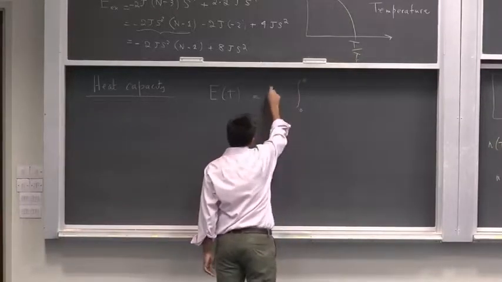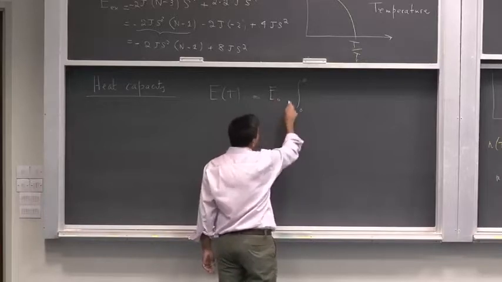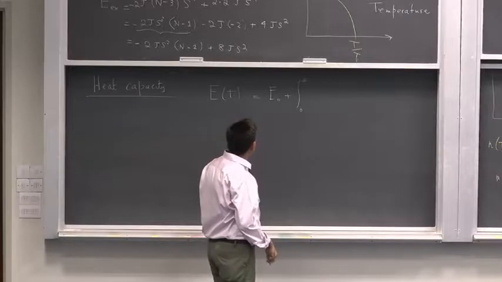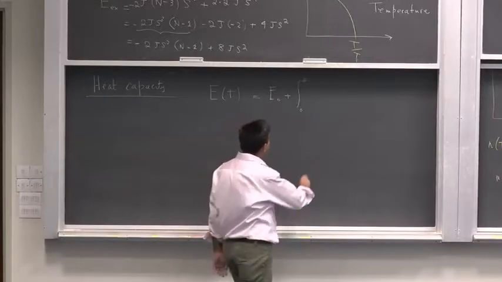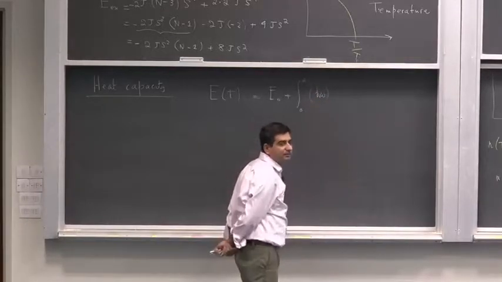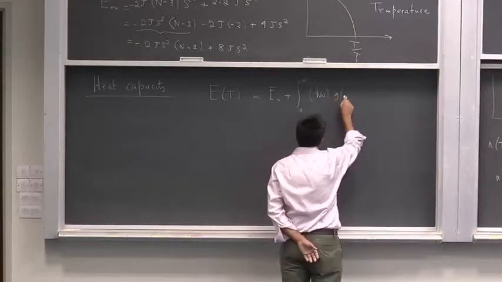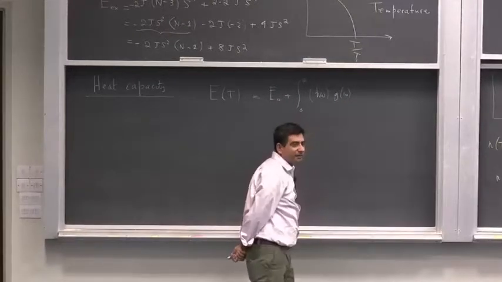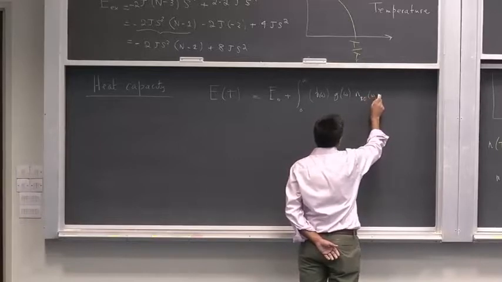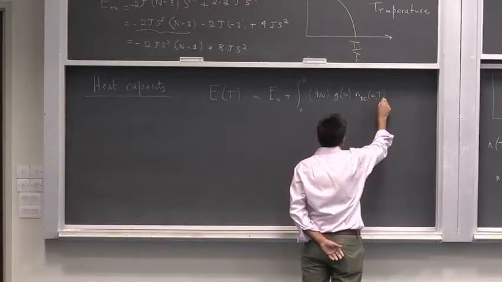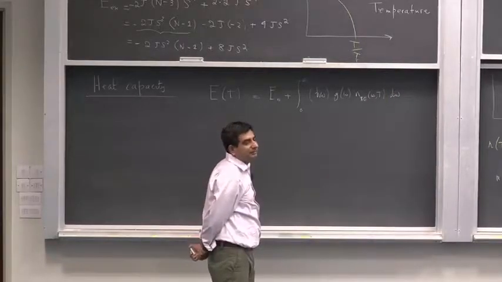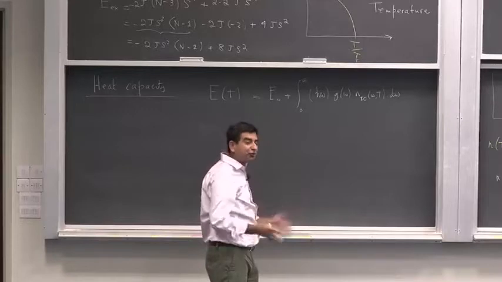It's some constant, which is the 0-point energy E naught, plus the energy of each magnon, which is h bar omega, times g of omega, which is the density of states of magnons, times the Bose-Einstein distribution, n_B of omega and temperature, integrated over omega. This is the total energy of the system associated with the magnons.